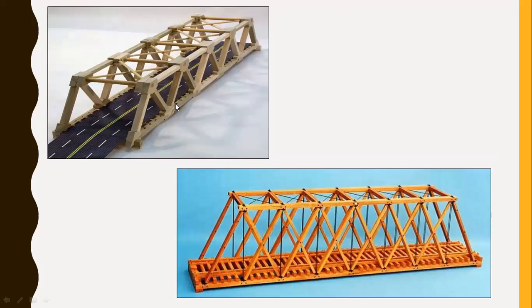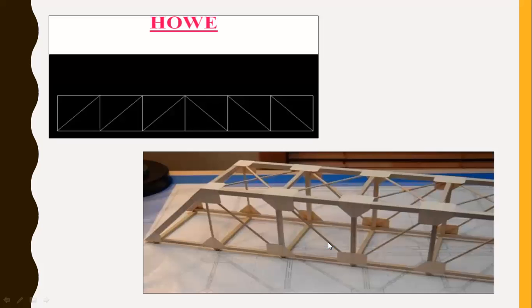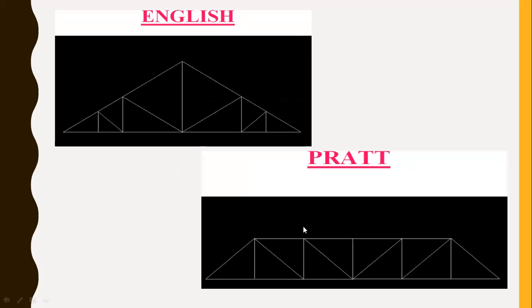As you can see in this figure, this W shape is a Warren type bridge, right? So here is the Howe truss. The Howe truss looks exactly like what I described in this figure, right? And a real example of this truss is also shown in the figure below.